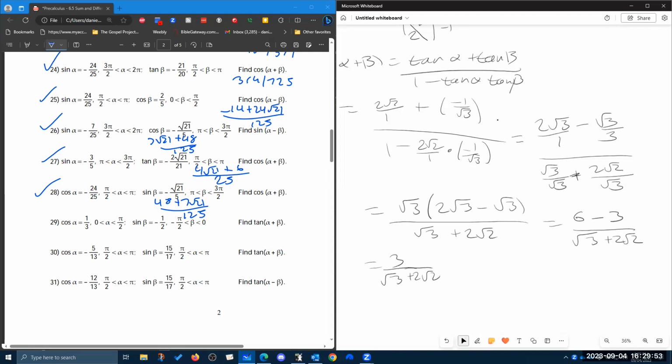And I need to rationalize that, so multiply by root 3 minus 2 root 2 over root 3 minus 2 root 2. It's going to be 3 root 3 minus 6 root 2 over 3 minus 8, which is a negative 3 root 3 plus 6 root 2 over 5.